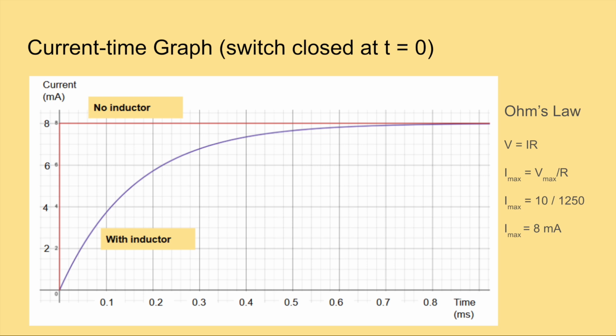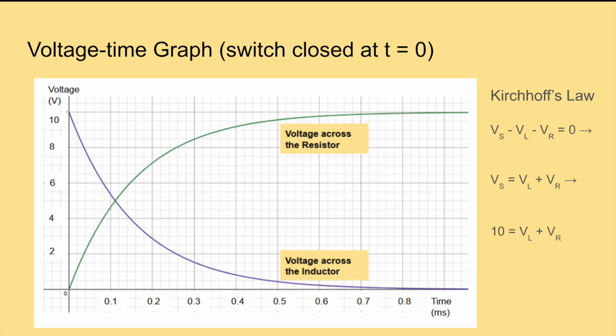So in the example that I had previously, we had a 10 volt supply. So once our inductor is no longer opposing the current, the voltage across the resistor will be 10 volts. Then we divide that by its resistance, which in this case was 1.25 kilo ohms, and we get a maximum current of 8 milliamps.